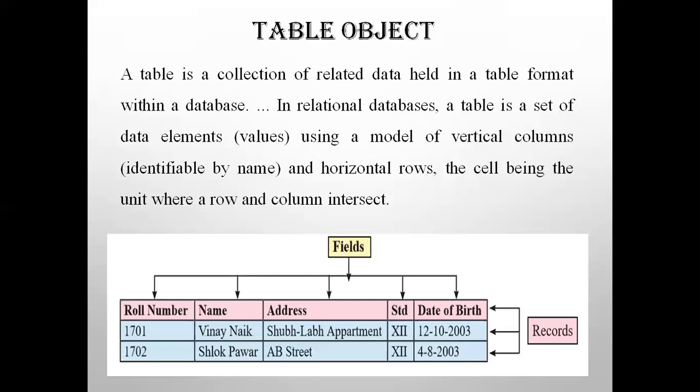For example, student is an entity which has attributes like roll number, name, address, standard, date of birth, etc. So attributes of an entity are stored in the form of columns.